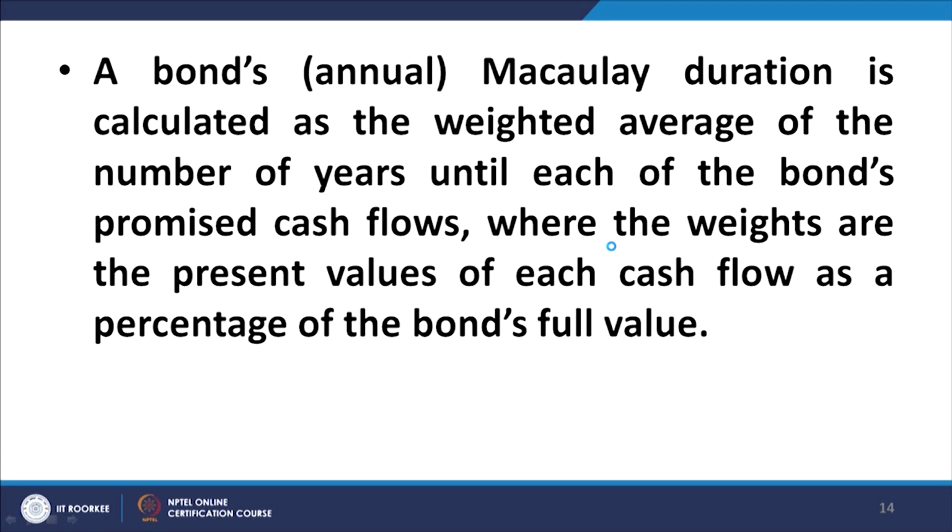In other words, the weights are the fraction of the cash flow to which T relates, normalized with respect to the full price of the bond or the total discounted cash flow value of the bond.